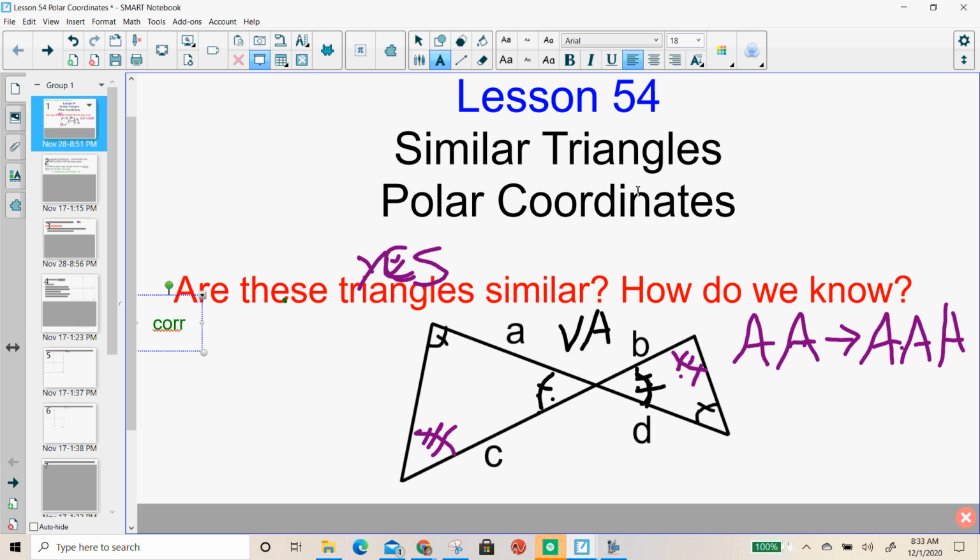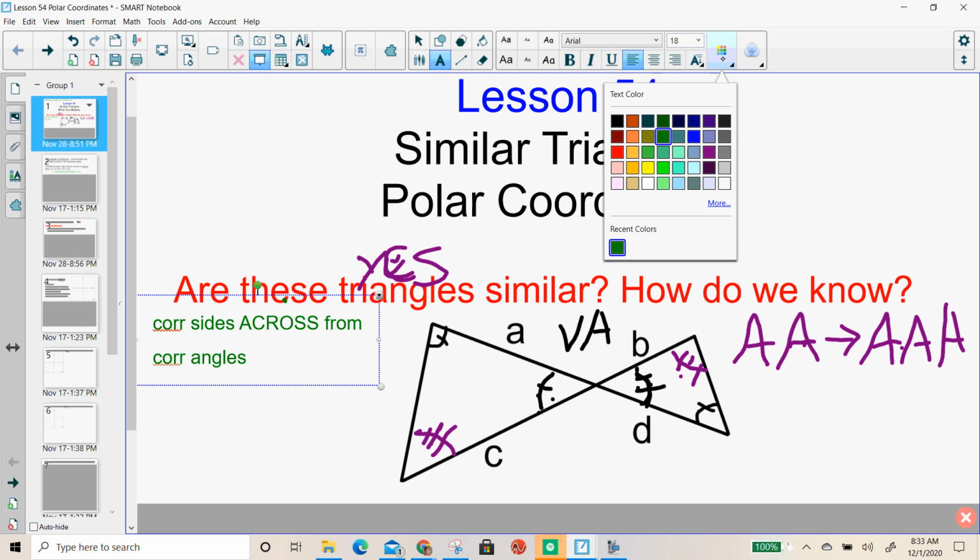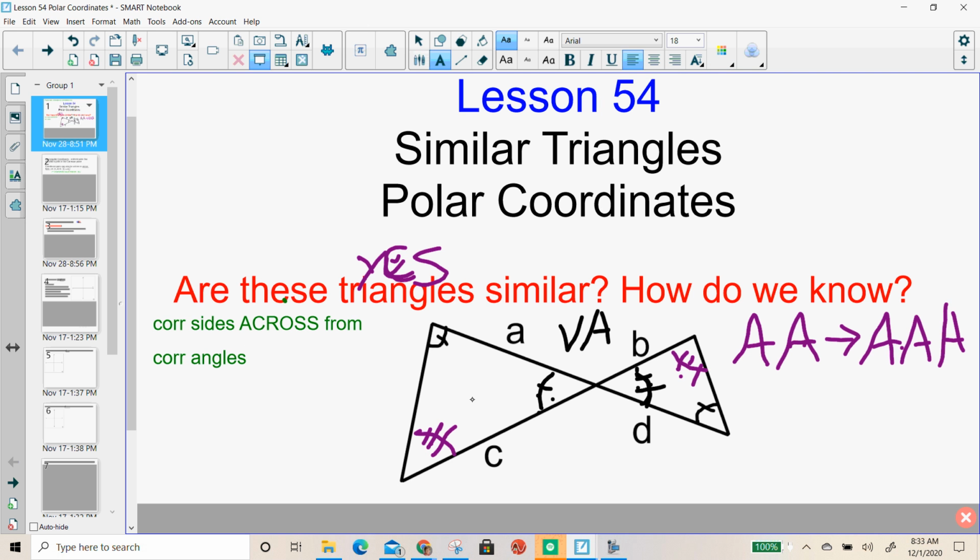Your corresponding sides are across from your corresponding angles. What that means for us when we set these things up.